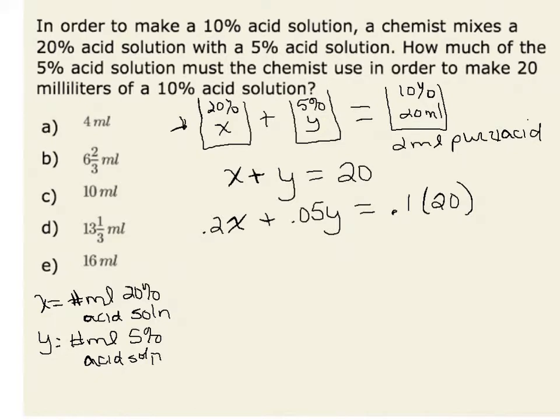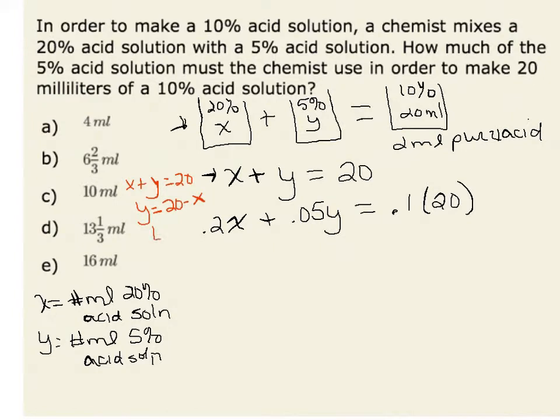To solve this system of linear equations, I'm going to use substitution. I'm going to rewrite my first equation in terms of y. My equation is x plus y is equal to 20. So if I subtract x from both sides, I get y is equal to 20 minus x.